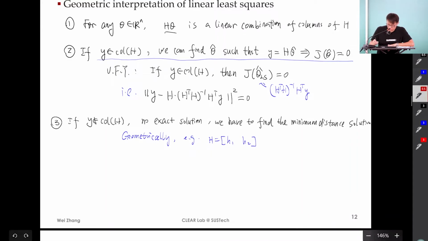So what I have now is this, our column space of H. Can you tell me what it is? This plane is the column space of H. If I say that, what do you think? Every vector on this space is a linear combination of columns of H.